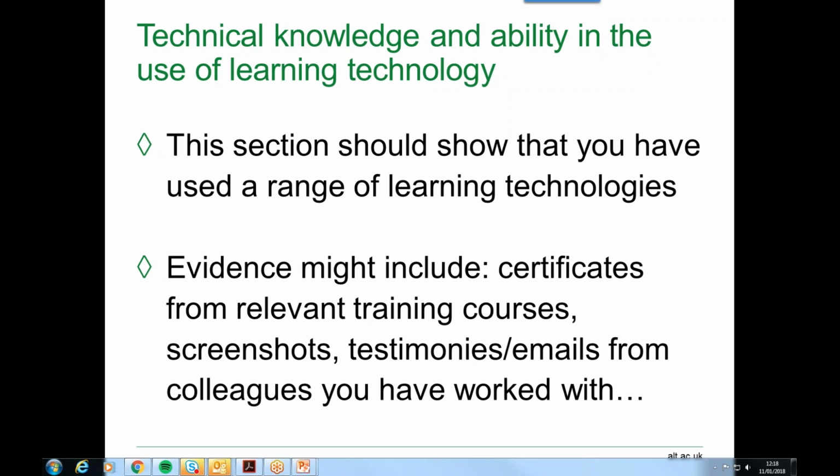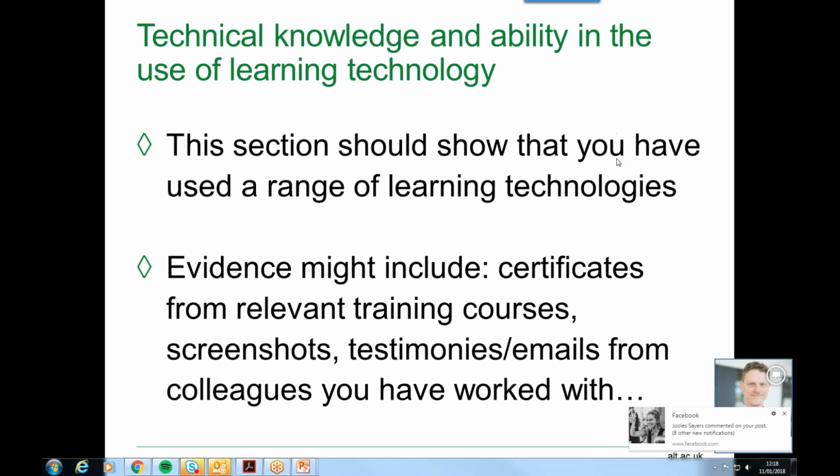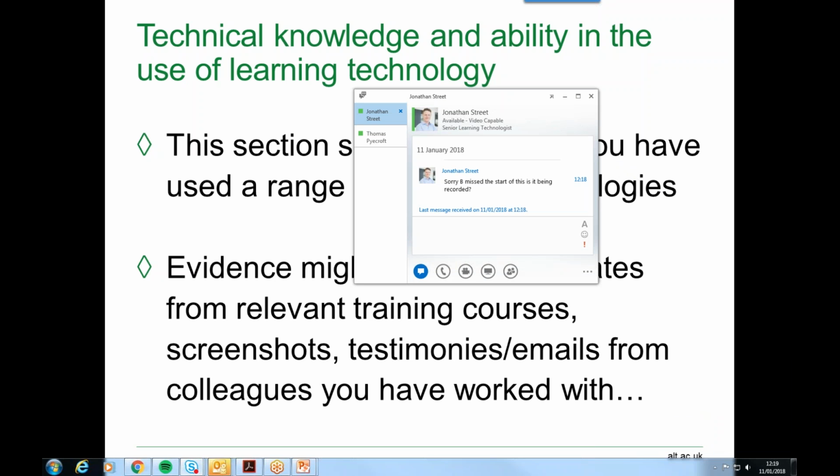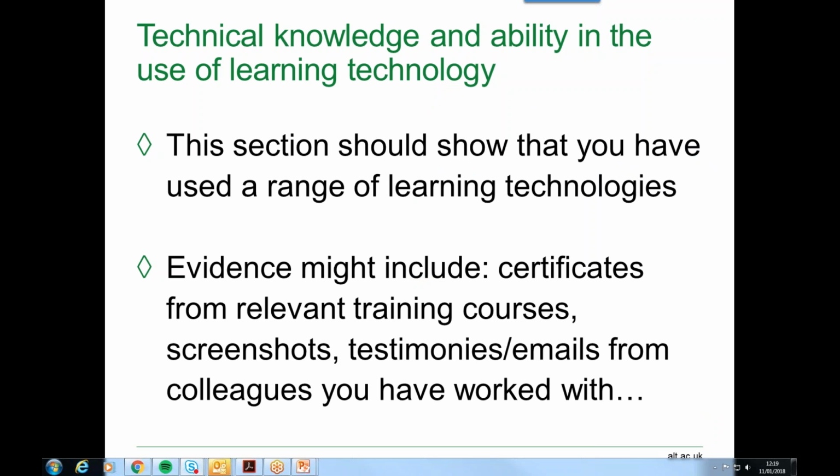Yeah, no, I think that's a good question, because of all the sections in the portfolio, this particular one does invite you most to a purely descriptive answer. But in talking about the range of technologies you use and the context in which you use them, you will hopefully also be reflecting on what the thought processes were when you were looking for the technology to fulfill a particular task.